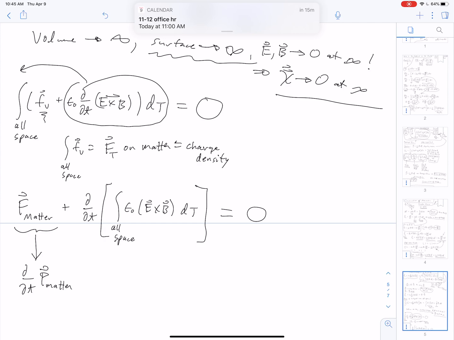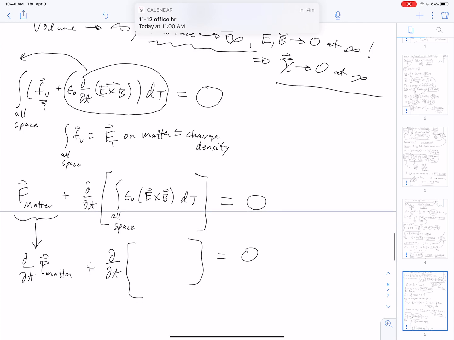So this force on the matter is equal to the time rate of change of the momentum of the matter, and this is all the matter in my little universe that I've integrated over. And then plus d/dt of this stuff is equal to 0.